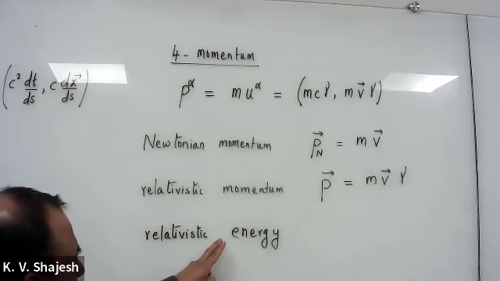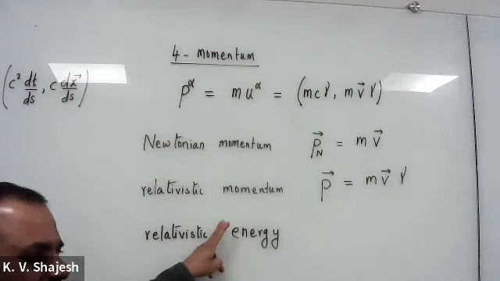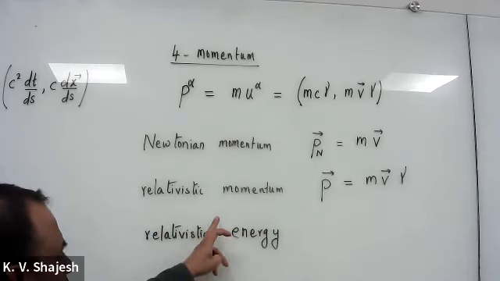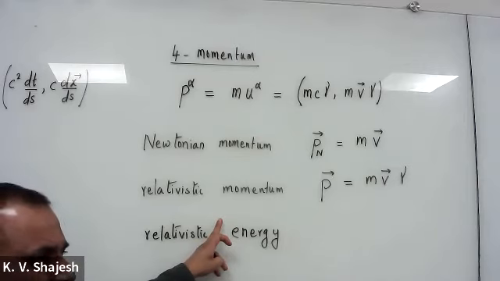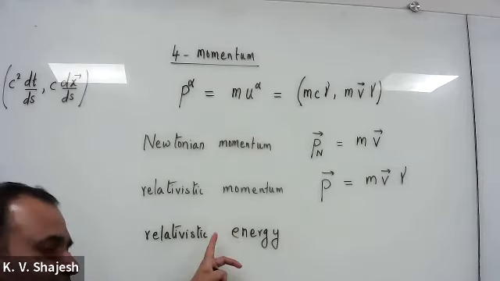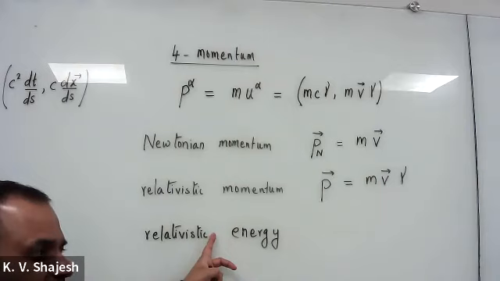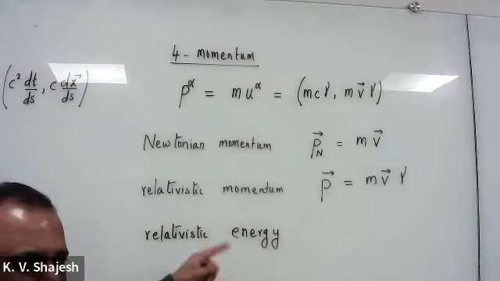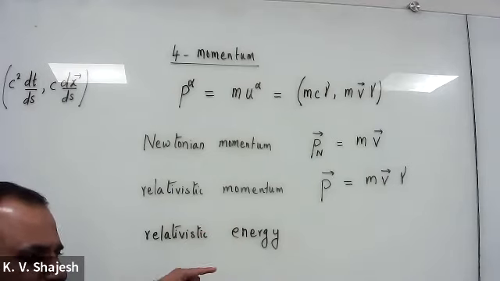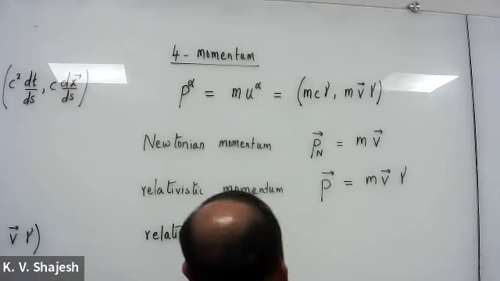Technically this should be kinetic energy, but I'm not going to write kinetic energy. If there is any confusion, it's going to be kinetic energy, because you will ask later, what happened to potential energy? This is the generalization of the kinetic energy. But I'm not going to write that because it's not going to give you the kinetic energy in the limit of c going to infinity. We will see that in a few minutes.